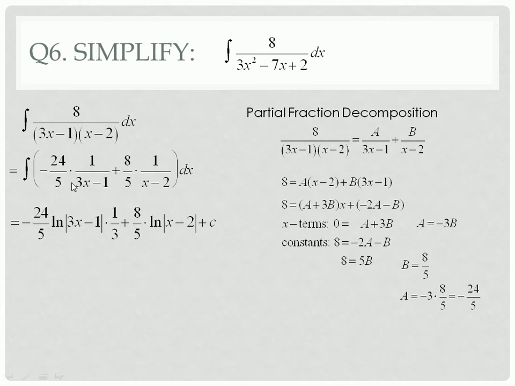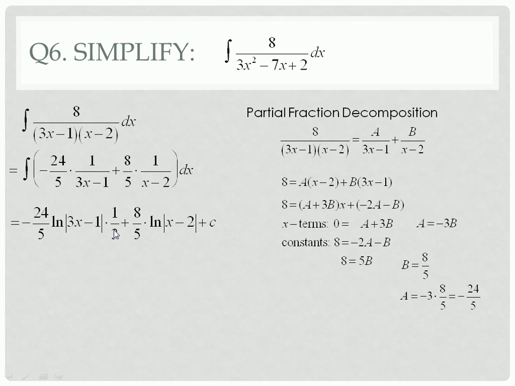And when you work that out, you're going to end up with a 1/3 in there. And the negative 24/5 carries along. On the second fraction, when I integrate, I get 8/5 times the natural log of x minus 2, and then I have my constant of integration.